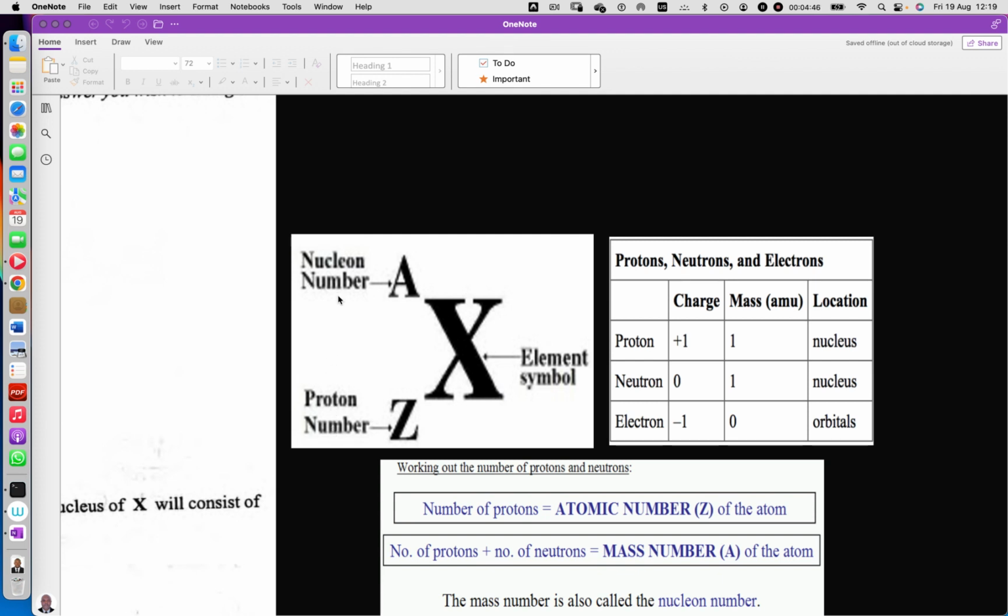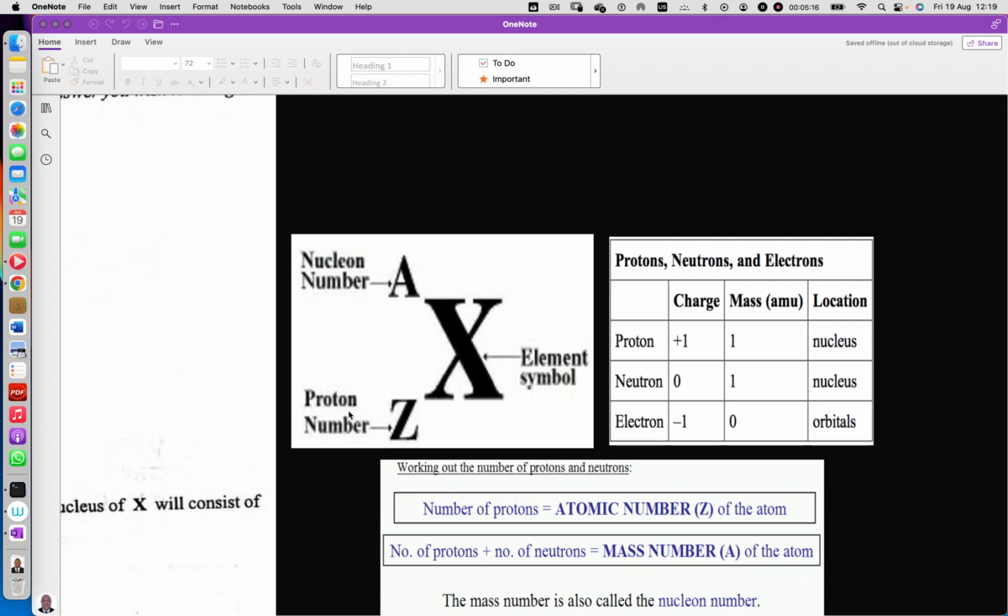A is the mass number, and Z is the atomic number. It should be noted that the proton number plus the number of neutrons will give you the nucleon number or the atomic mass.